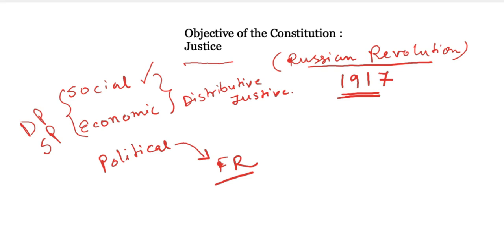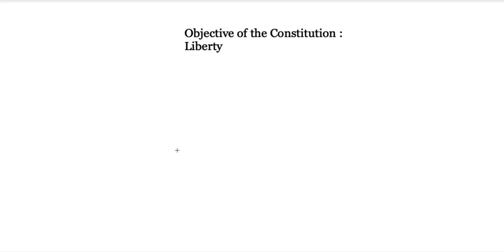Political justice is of course that all of us can vote once we reach a particular age and no one is barred from voting. Let's come to liberty. Liberty is that you are independent, you are free to do anything.